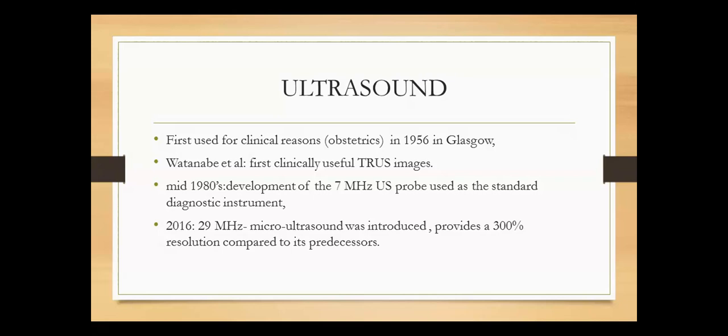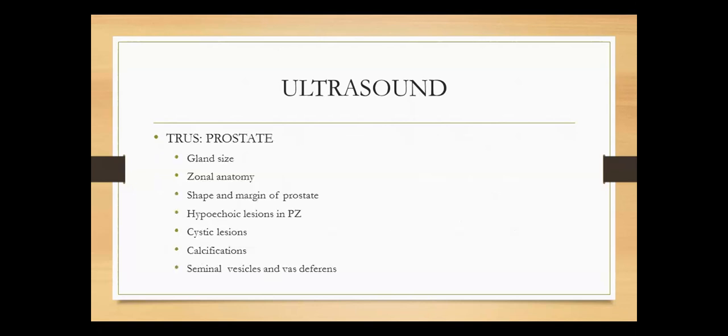In the mid 1980s, they introduced the 7 megahertz ultrasound probe that has been used to date for standard diagnostic reasons. In 2016, they introduced the 29 megahertz micro ultrasound, which has been a game changer as compared to its predecessor, the 7 megahertz. It provides about 300% resolution compared to its predecessors.